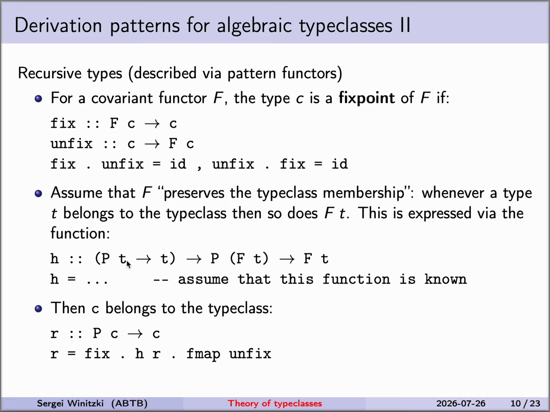And that means if t has an evidence, so the type class evidence is this value of type pt to t, or structure map value, then we can derive the structure map for ft. In other words, we require that there must be some function h with this type signature. And we assume that this function is given.